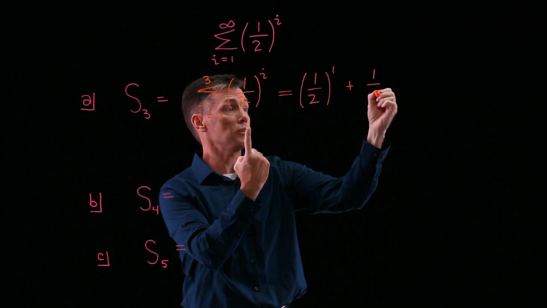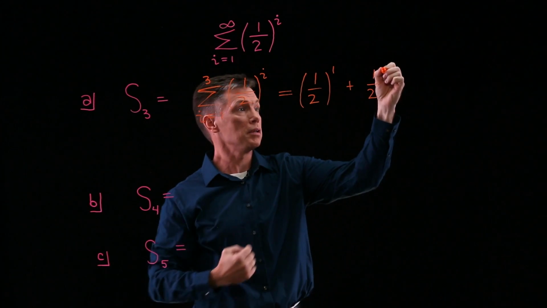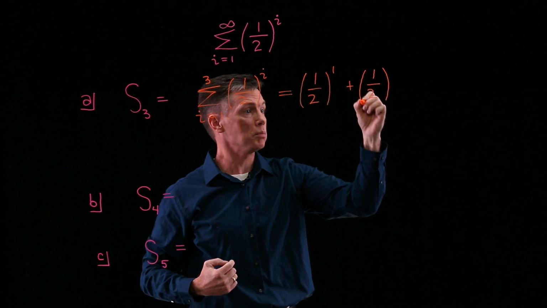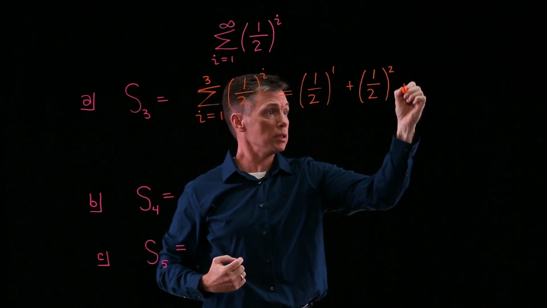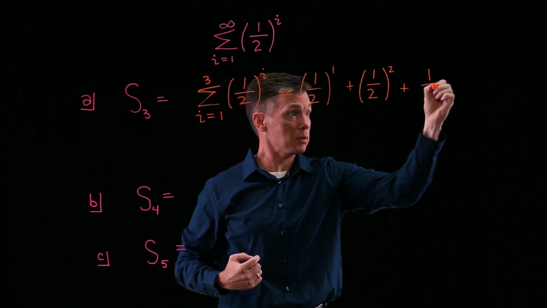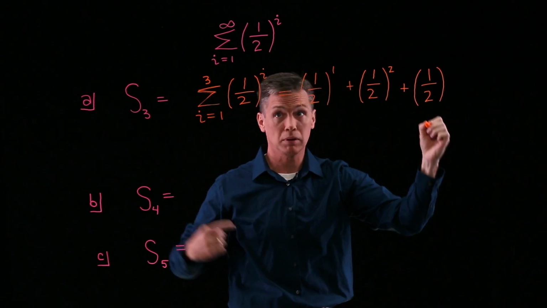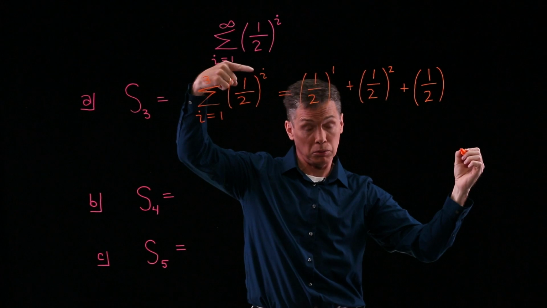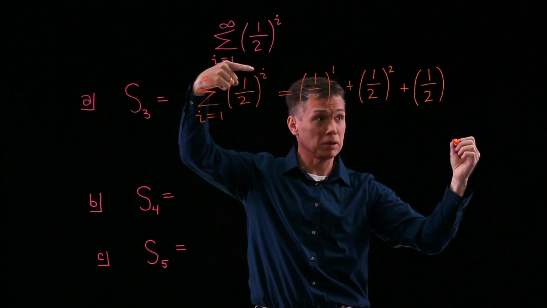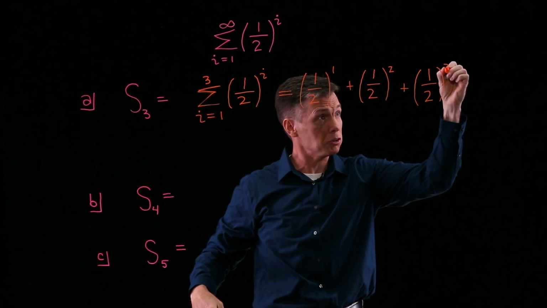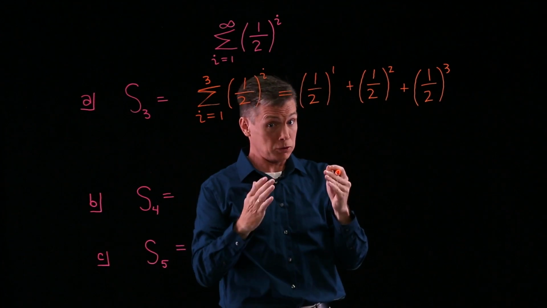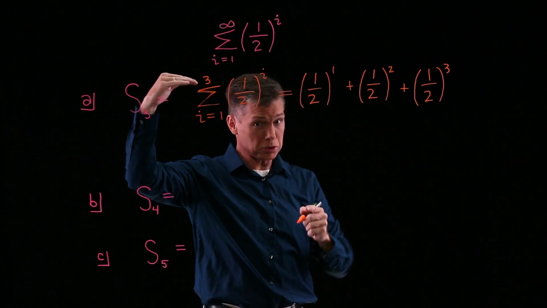Move on and do that same 1/2, but my index bumps up to 2. Plus same 1/2, bump that index up. That's what's in our exponent for this particular expression, so that exponent becomes 3. And I stop at 3 for this partial sum.